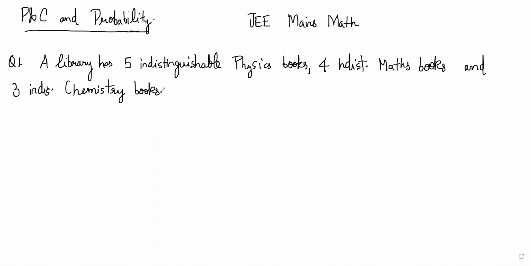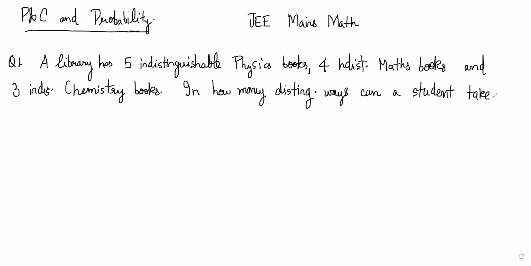In how many distinguishable ways can a student take home?